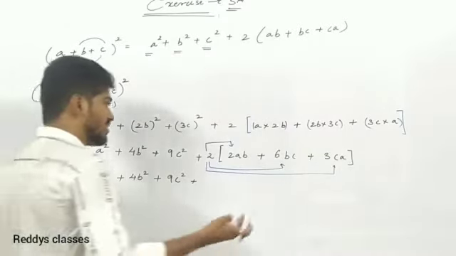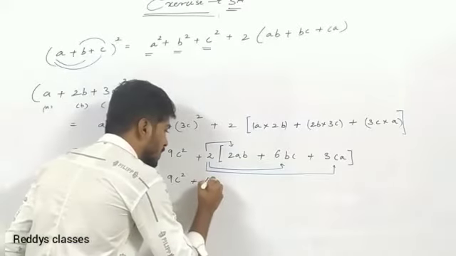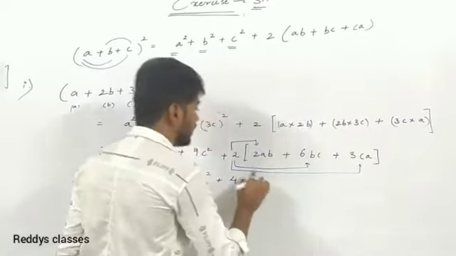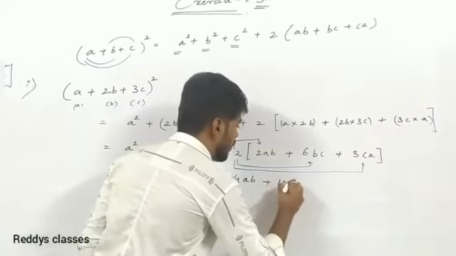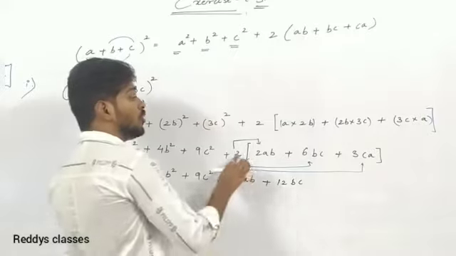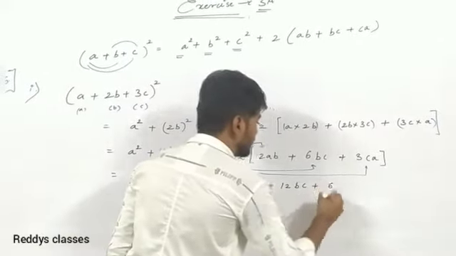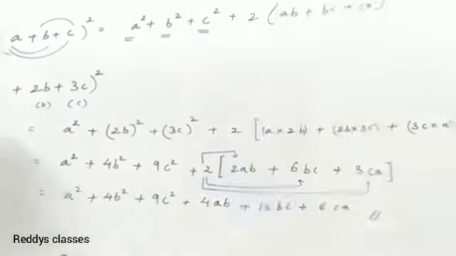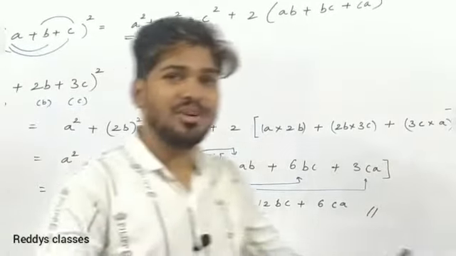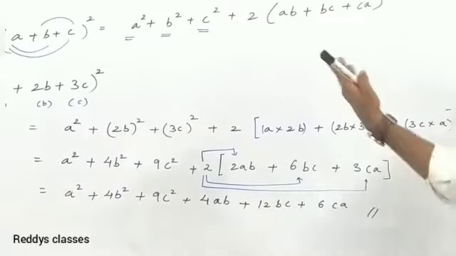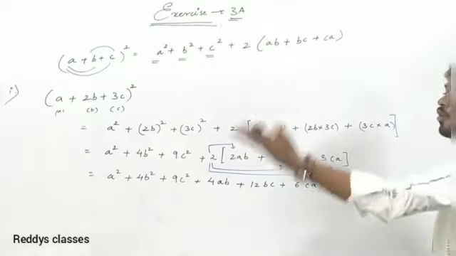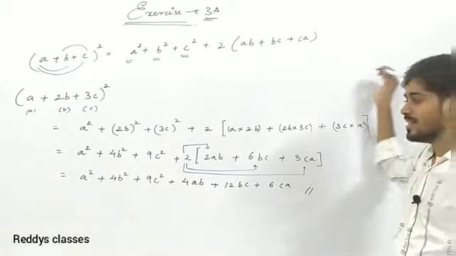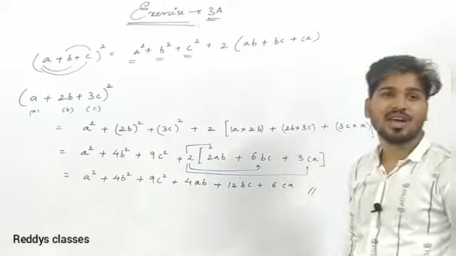So what is the equation we get? 2 into 2 is 4ab, plus 2 into 6, 12bc, 2 into 3, 6ca. That's it. This is the actual required equation we get solving the formula for a plus b plus c the whole square: a square plus b square plus c square plus 2 into ab plus bc plus ca. That's it. Let us see the next question now.